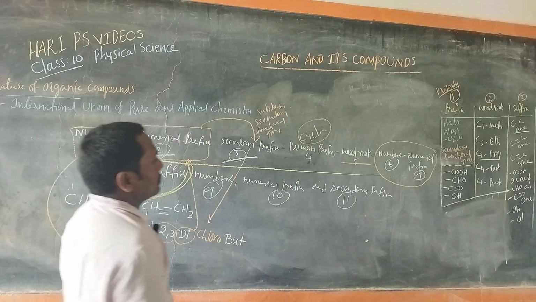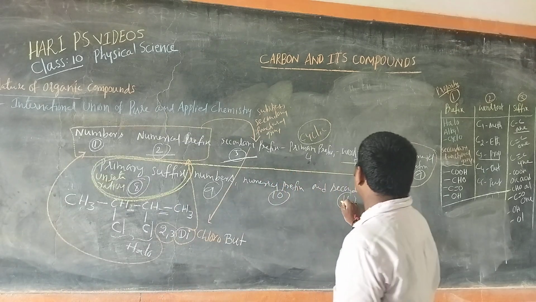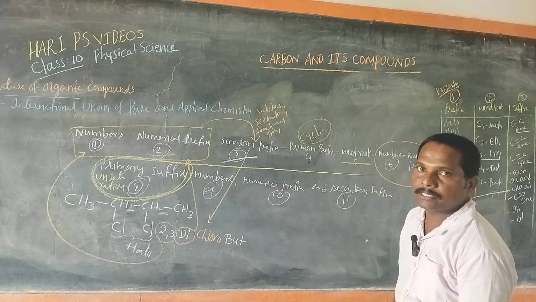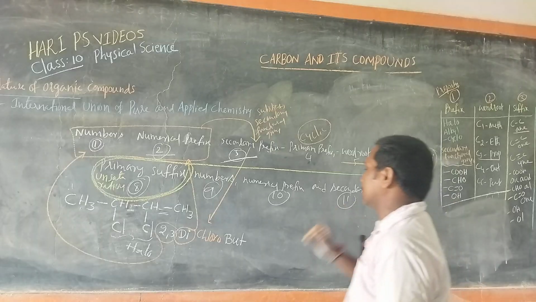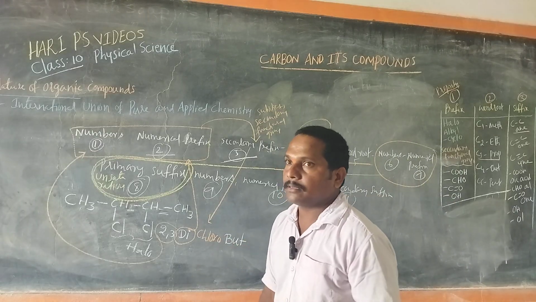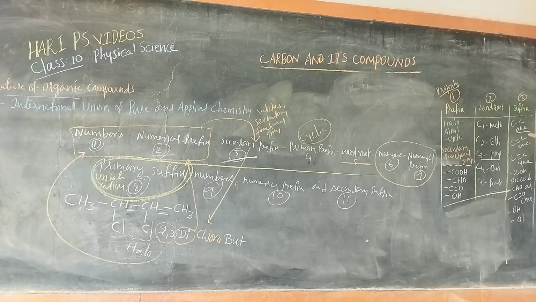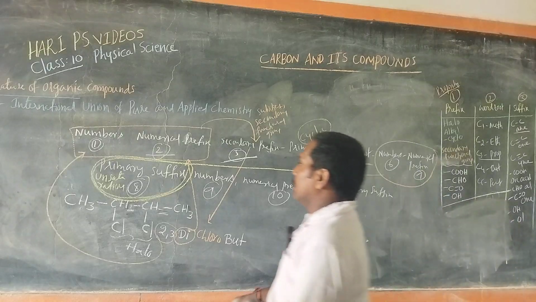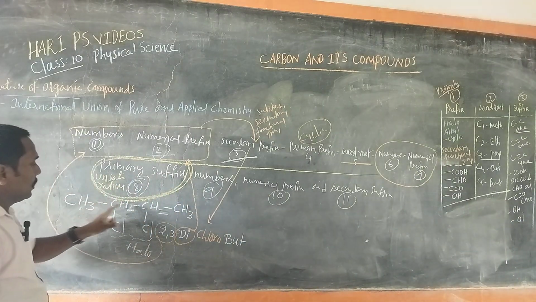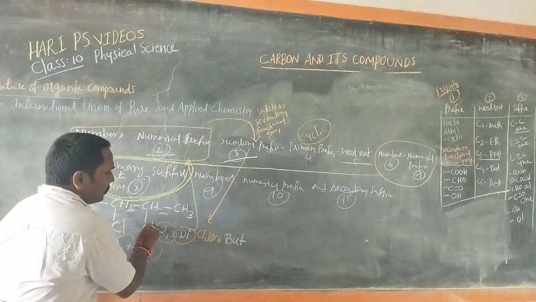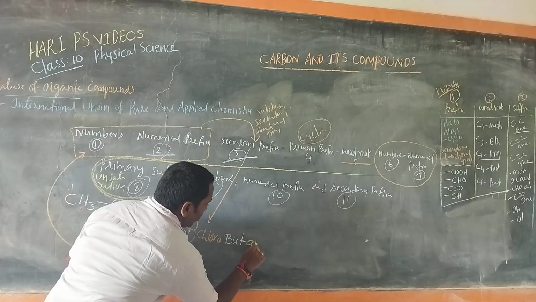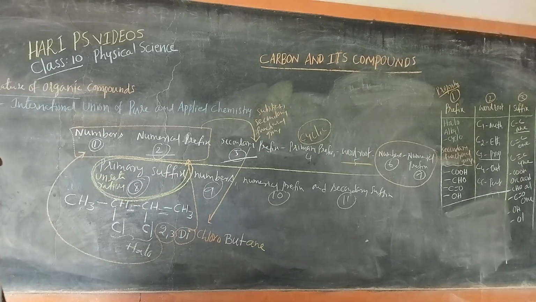After the word root, we can write the 11th part, the secondary suffix. Suffixes tell about saturation: single bond, double bond or triple bond. So this compound has only single bonds, but plus a.